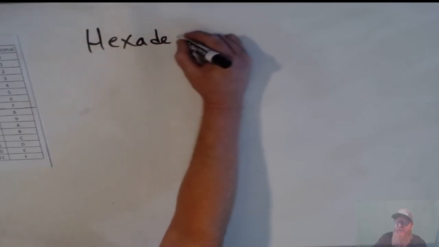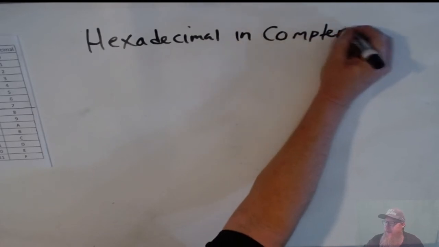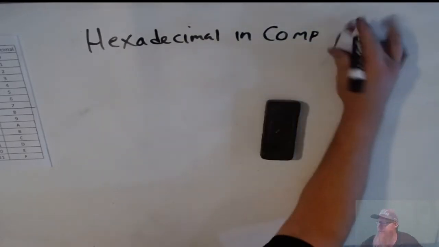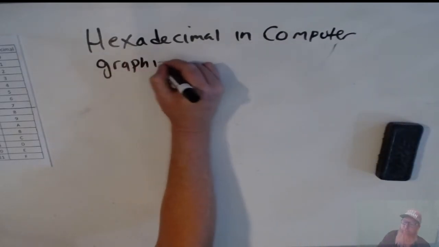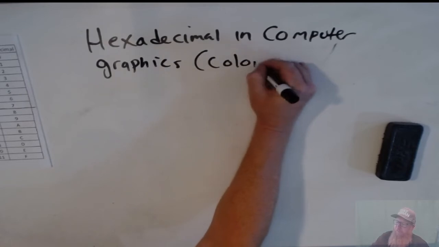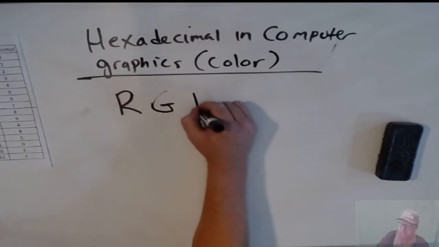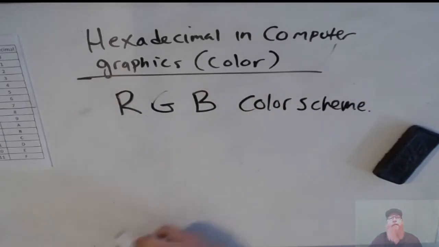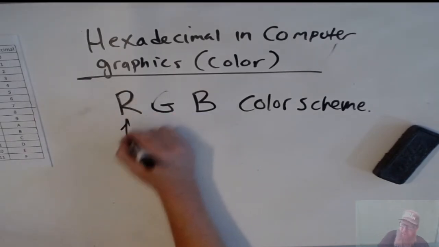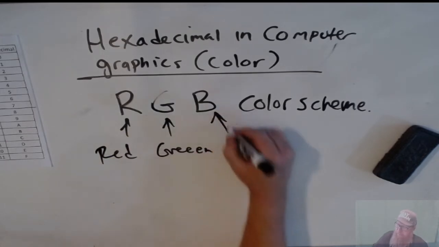So one of the main applications is hexadecimal in computer graphics, for color. It's called the RGB color scheme. R stands for red, G is green, and B is blue.